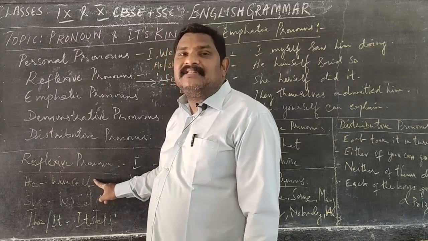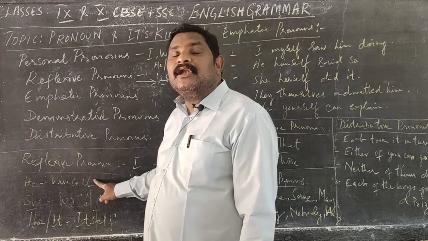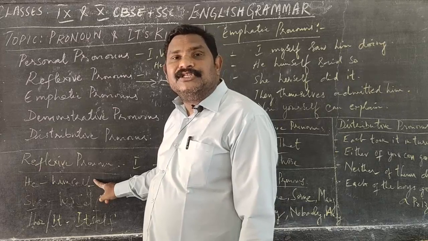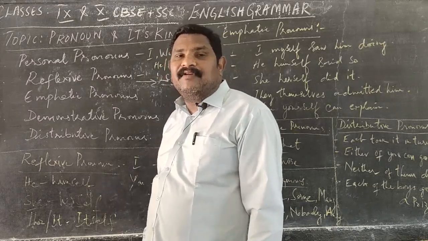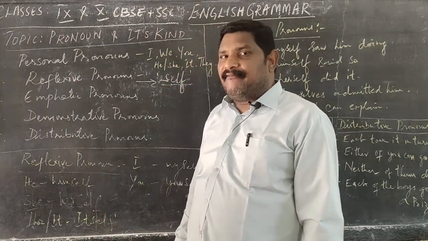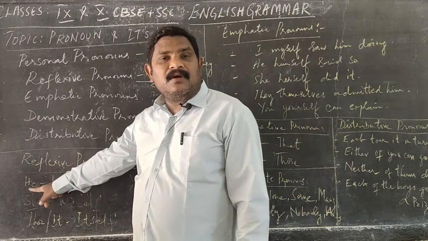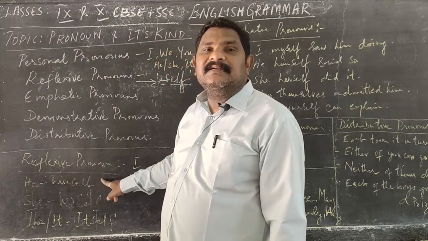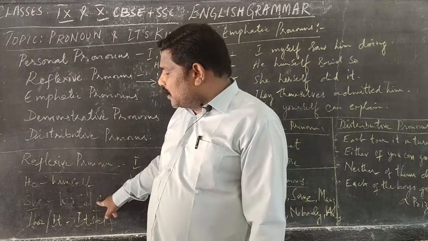I am using example sentences. He has completed all the tasks given by the teacher himself. So, he is normally a personal pronoun. Himself is the reflexive pronoun. Now, look at the next one.